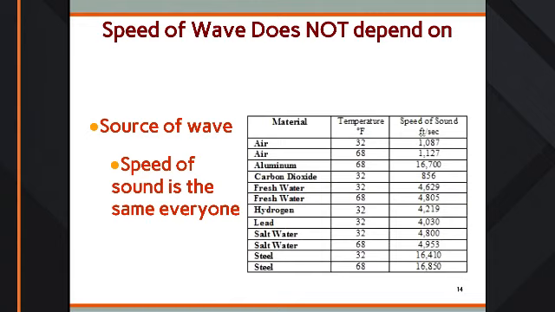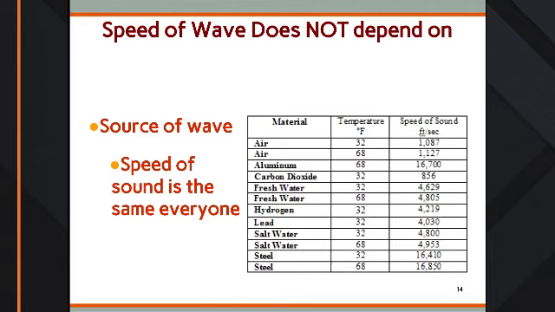Red light has a longer wavelength, and blue light has a shorter wavelength. So the frequency or the wavelength is not going to matter. The tone of the person is not going to matter. It's the material through which that wave is traveling that's going to determine the speed of your wave.